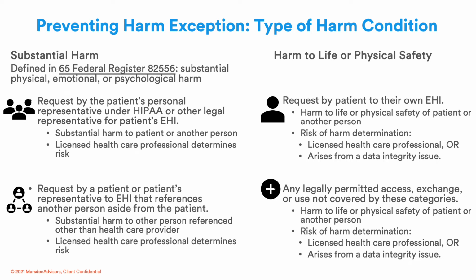The next is request by a patient or patient's representative to EHI that references another person aside from the patient. The substantial harm must be to the person referenced, and that person can't be a healthcare provider. A licensed healthcare professional, again, must determine this risk.